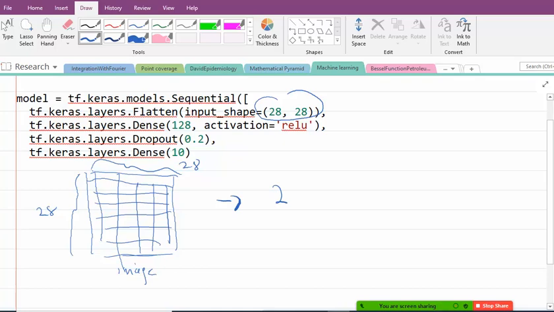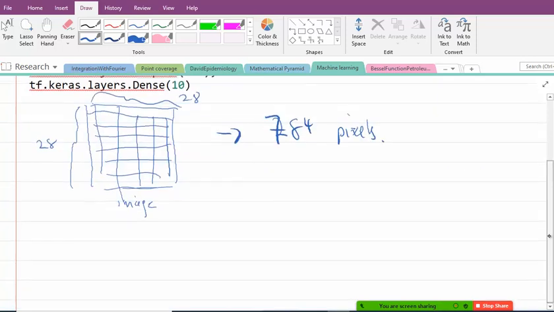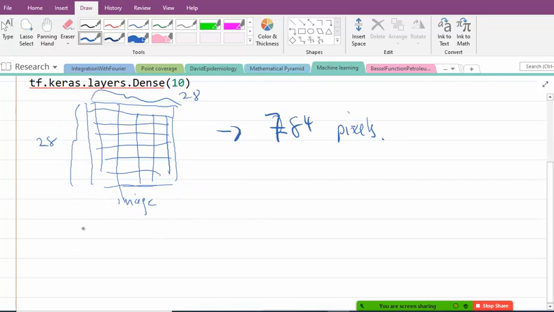So there are 784 pixels. And what flatten does is it puts all 784 pixels in a row. Flatten takes this image and just lists the pixels one by one, from 0 all the way up to 784.